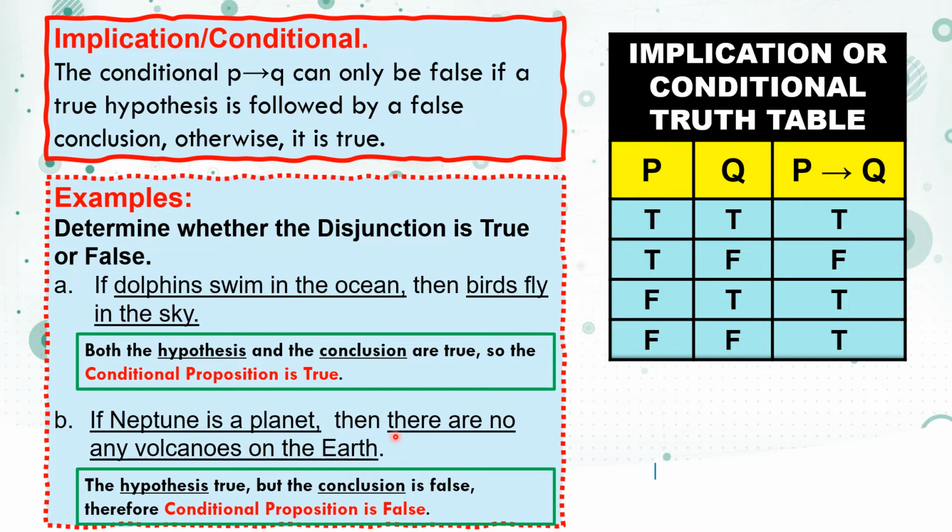So this conclusion, there are no volcanoes on Earth, is false. So the hypothesis is true, the conclusion is false, therefore, this conditional proposition is false. True, false, then the conditional is false.